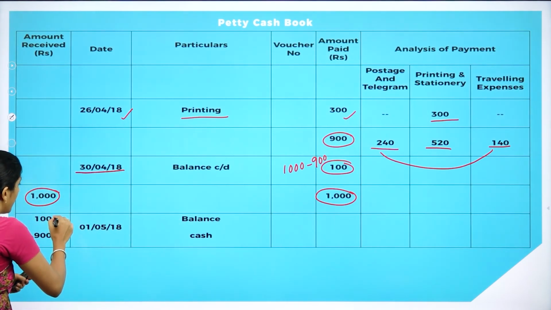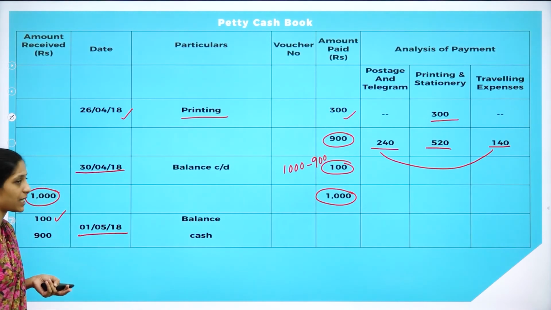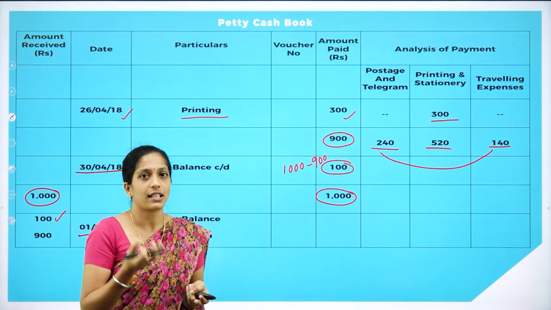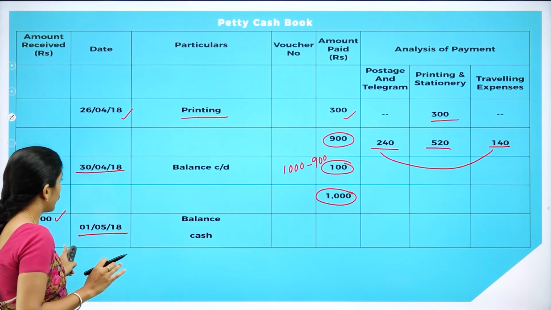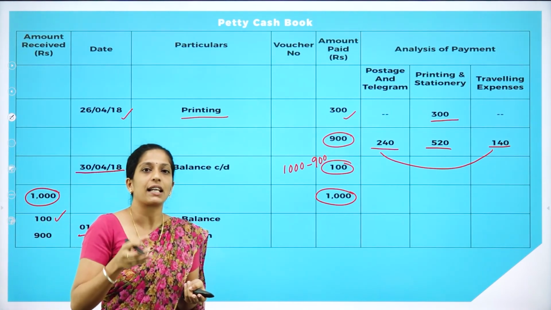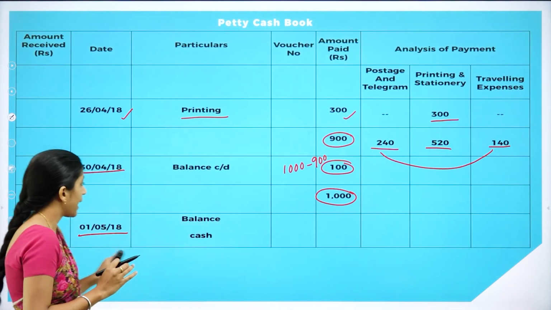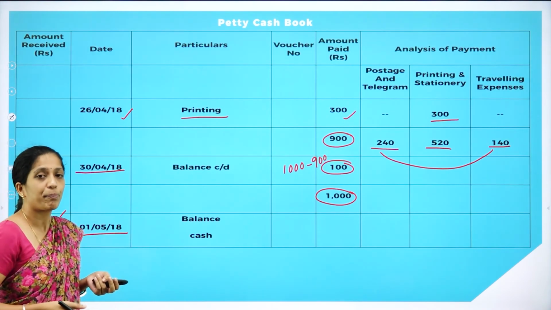Next, what is the balance? The balance is 100 at the beginning of next month, that is 1/5/2018. At the beginning of next month, what does the petty cashier have in his hand? That is 100 rupees. Next, how much cash has to be given by the main cashier to the petty cashier as imprest amount? That is 900 rupees, again, as 900 has been spent by the petty cashier.